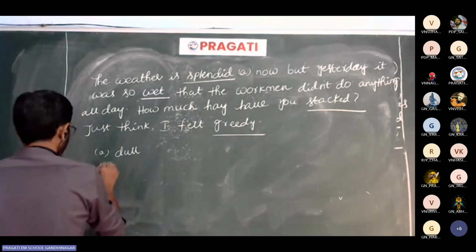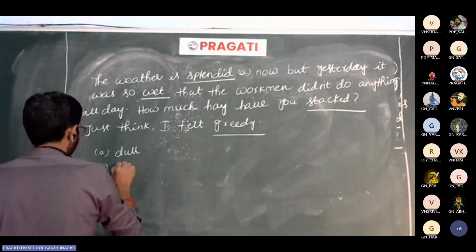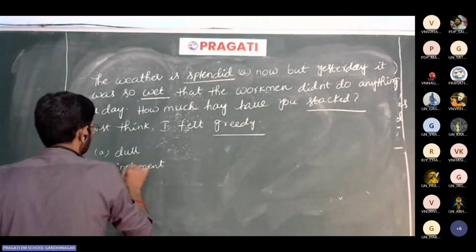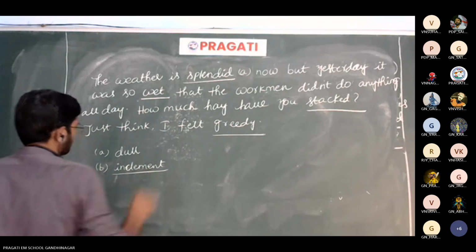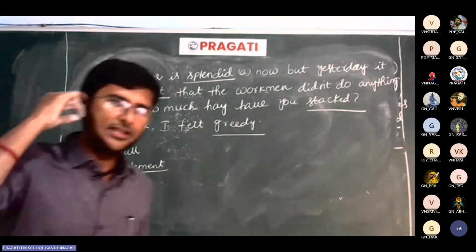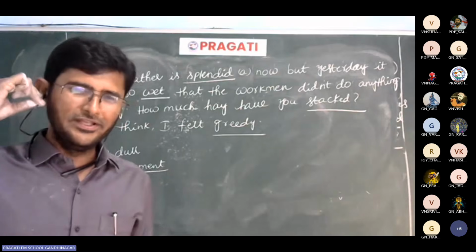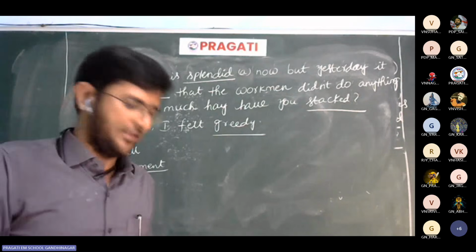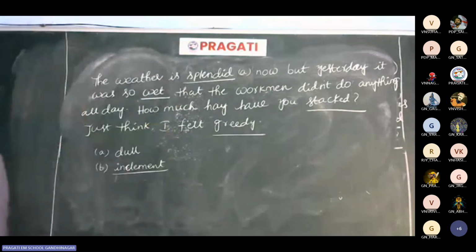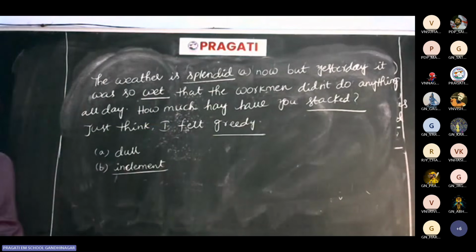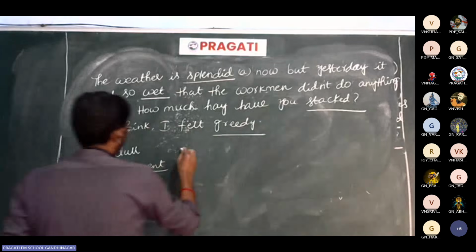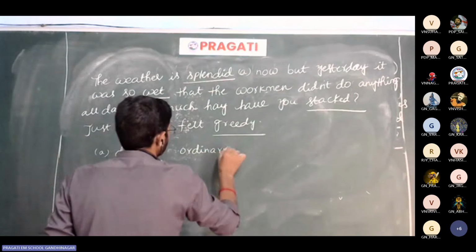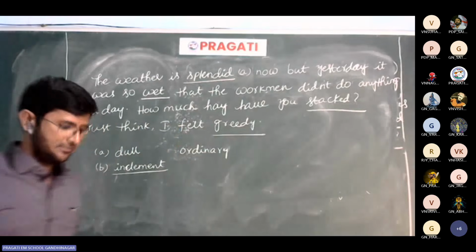There is another word, whether you are familiar with it or not. When it comes to bad weather, there is a word called inclement. Actually, that is the right word which collocates with bad weather. Okay. So you can write dull or ordinary. Ordinary will also fit there. Splendid means something which is impressive, extraordinary, right?